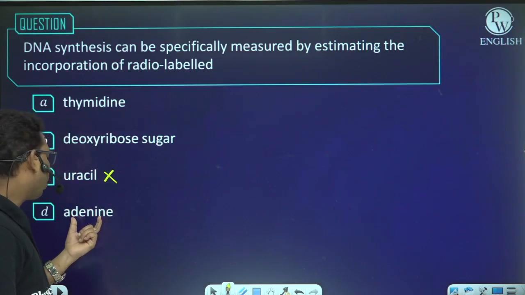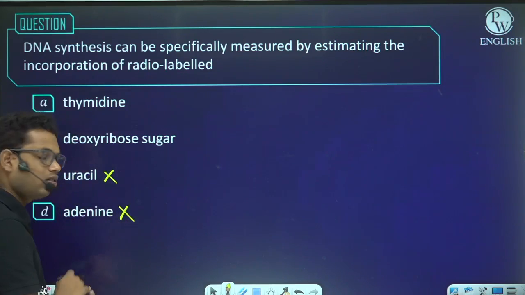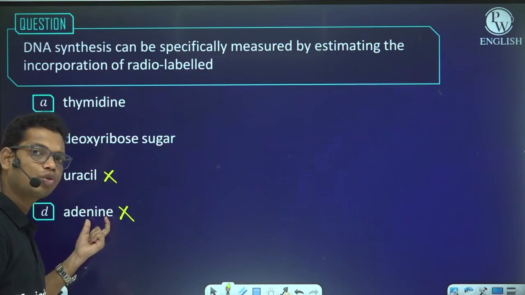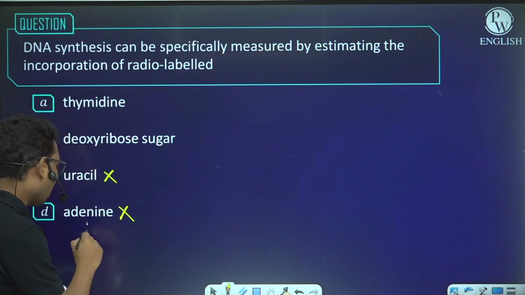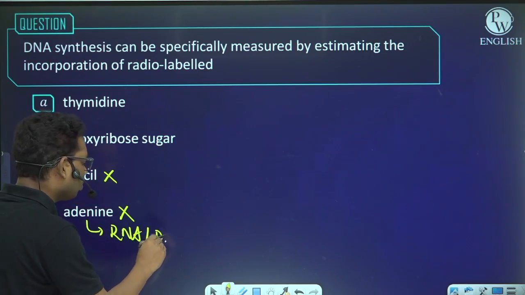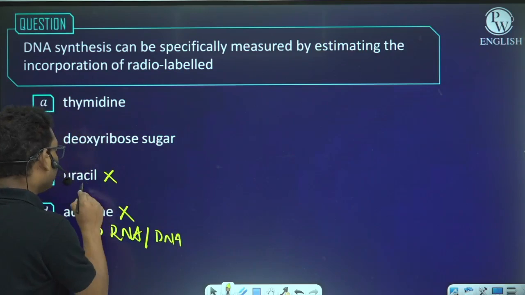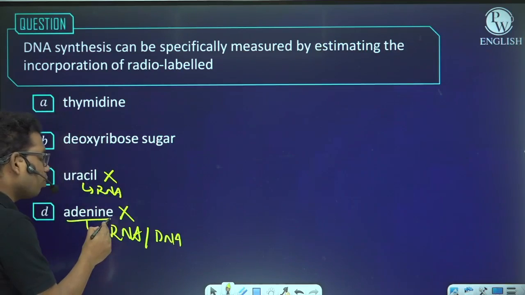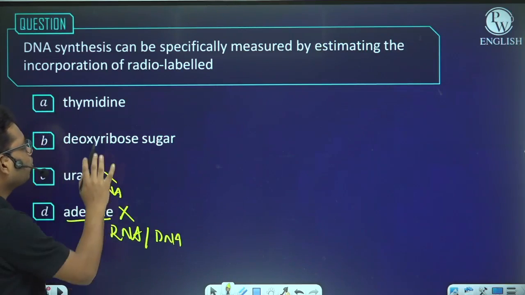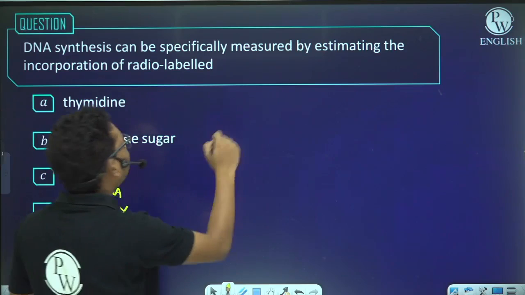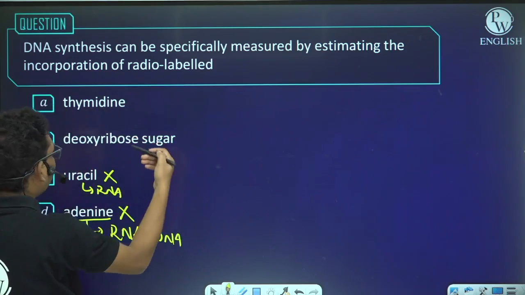I will not use radiolabeled adenine either. Why? Because adenine is present in both DNA and RNA. Uracil is present only in RNA. So because adenine is present in both DNA and RNA, I will not use radiolabeled adenine to label the DNA molecule. Which one do we want to label?